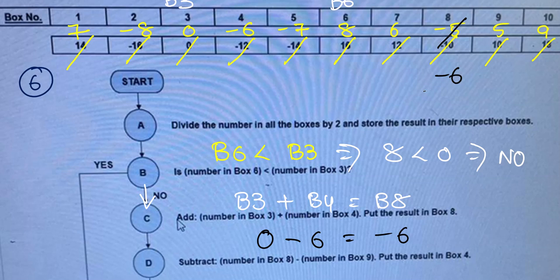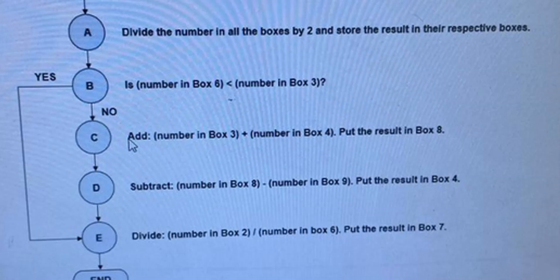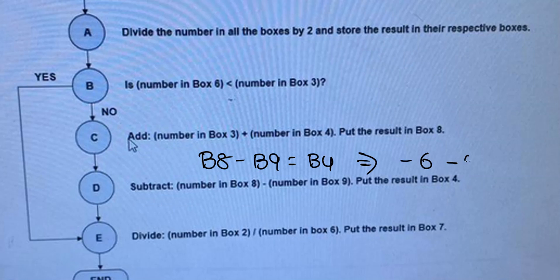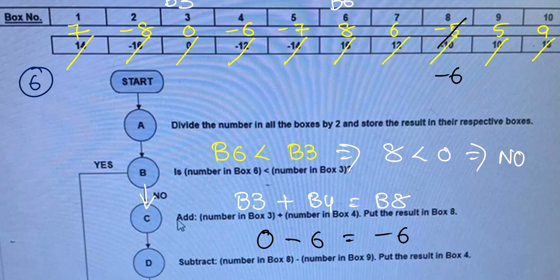Box 8 was previously minus 5, and it is updated to minus 6. Next step is box 8 minus box 9, and that result should be kept in box 4. Box 8 is just now updated to minus 6. Box 9 is previously 5, a positive value. Now the result is minus 11, and that should be updated in box 4. Box 4 should update to minus 11.